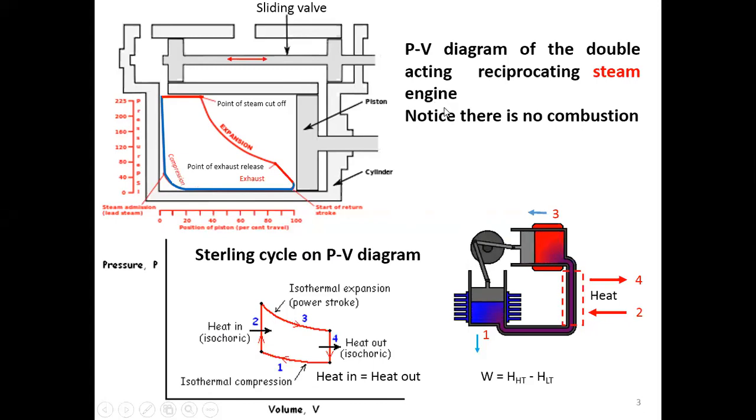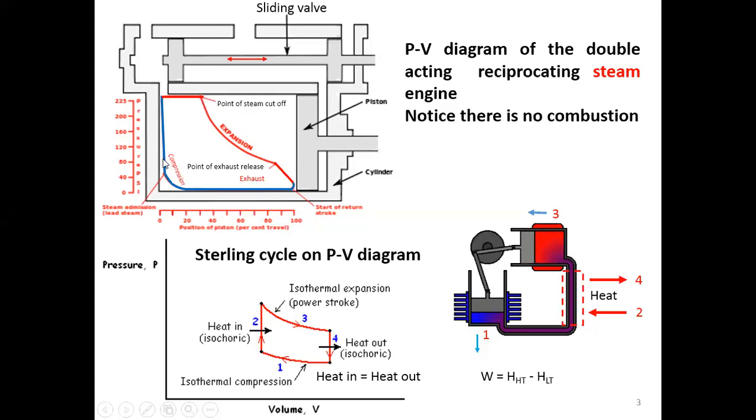I put a notice here that this is the PV diagram they put inside the steam engine. You can see that there is no combustion happening on the PV diagram of the steam engine. It will have only compression. The compression starts from here and finishes up here.